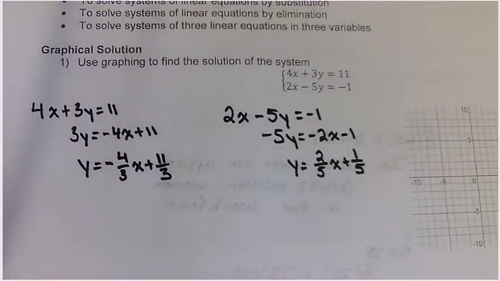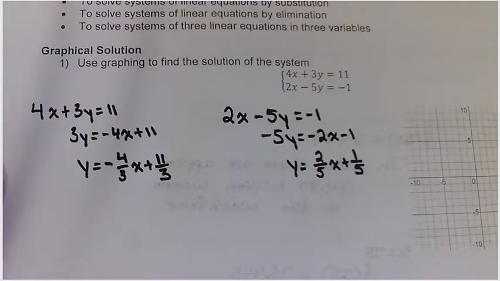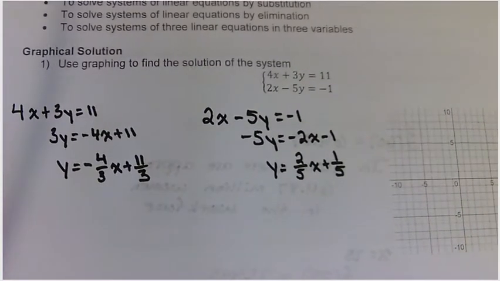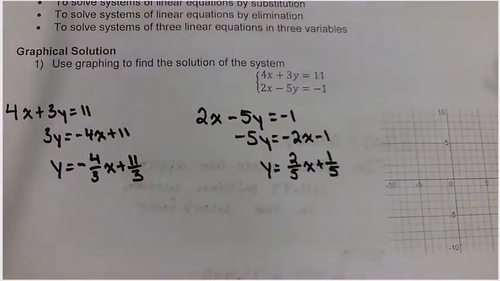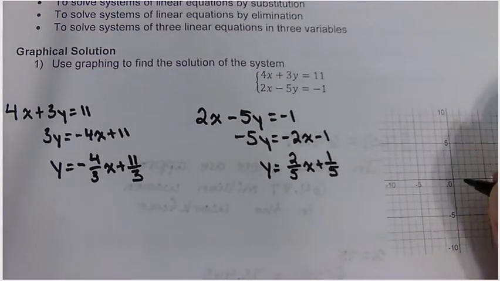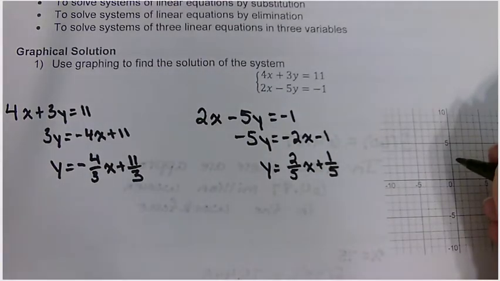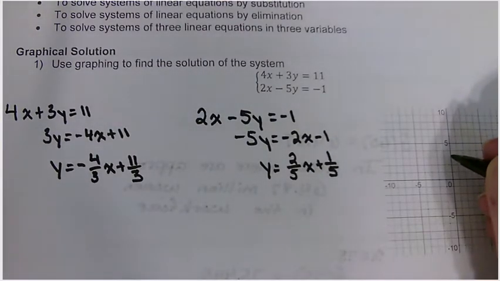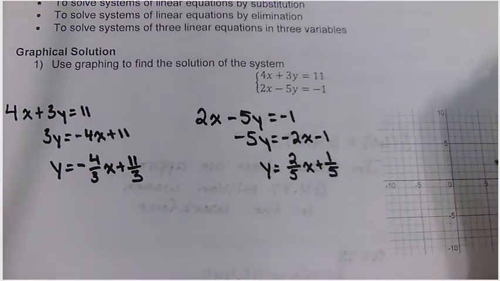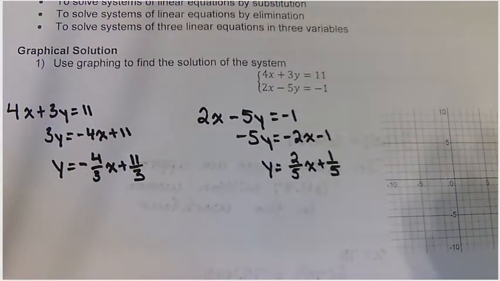Doing this by hand is not exactly the best way to do it, because I'm going to have to estimate where these graphs cross. For my y-intercepts, 11 thirds. Then I'm going to have to go down 4 and over 5. It's going to be really hard.